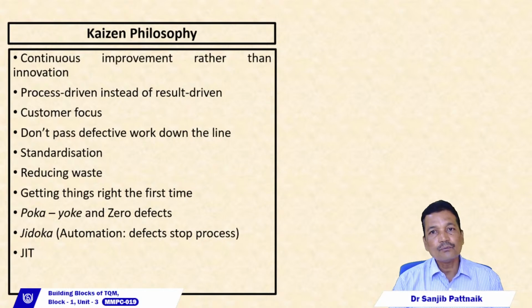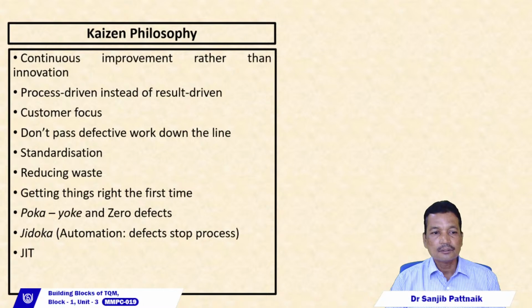It says go for standardized items so that few components can make up a large number of finished items. Reduce the wastes as much as possible and do the things right the first time. Then it talks about zero defects. In Japanese, it is called Pokayoke.